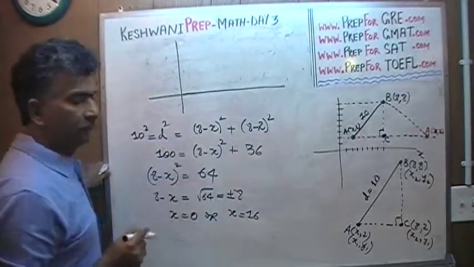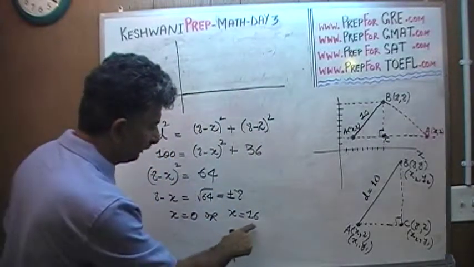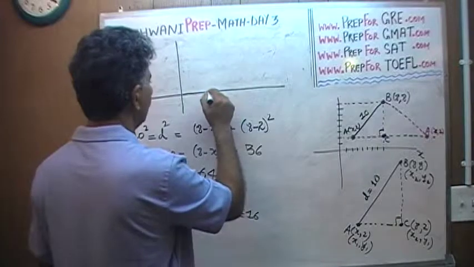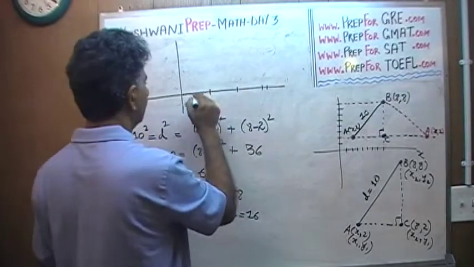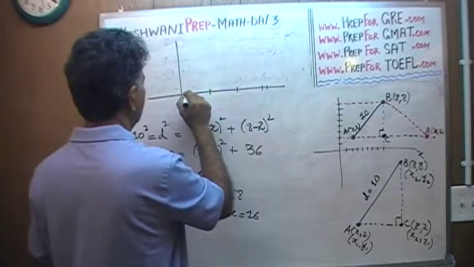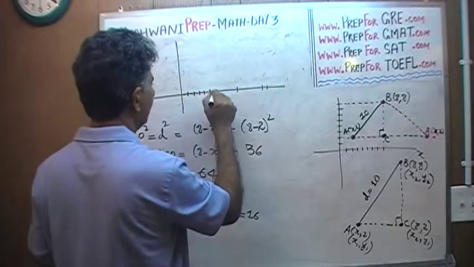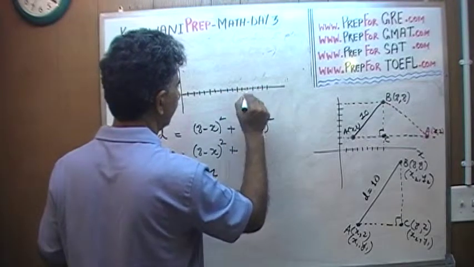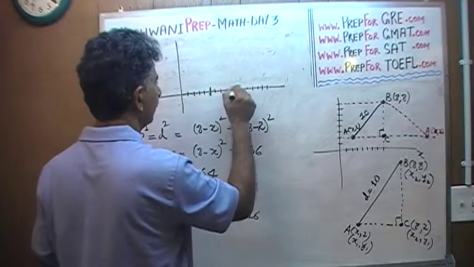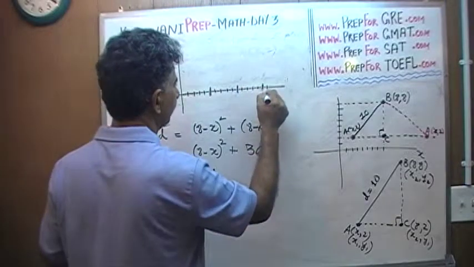The reason I shouldn't have drawn in such big chunks is because we know now we have to go all the way up to 16. So here we go. 5, 10, 15 and 16. So here's your 5, here's your 10, and here's your 15, and here's your 16.